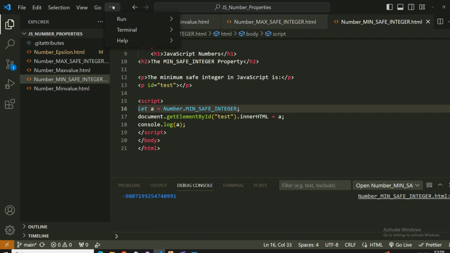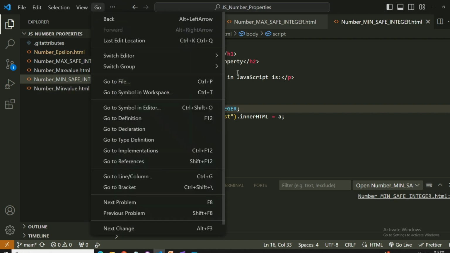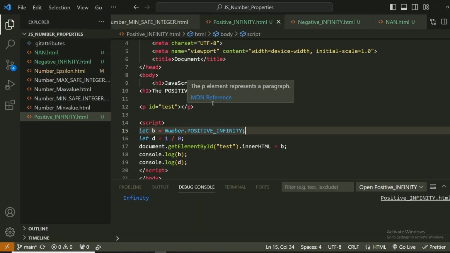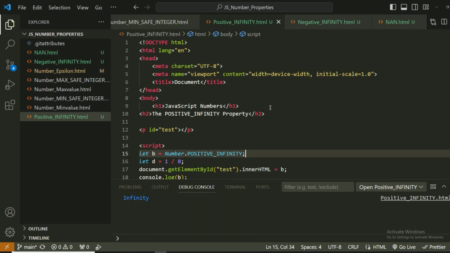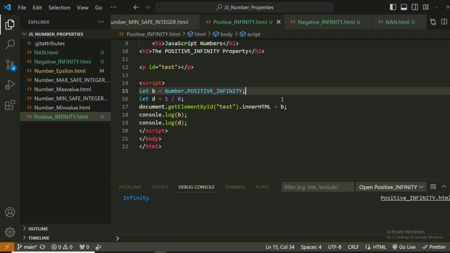Now the next one is positive infinity. Looking at the positive infinity, here we have JavaScript infinity, and in one we are printing Number.POSITIVE_INFINITY, and in the other we are dividing 1 by 0.